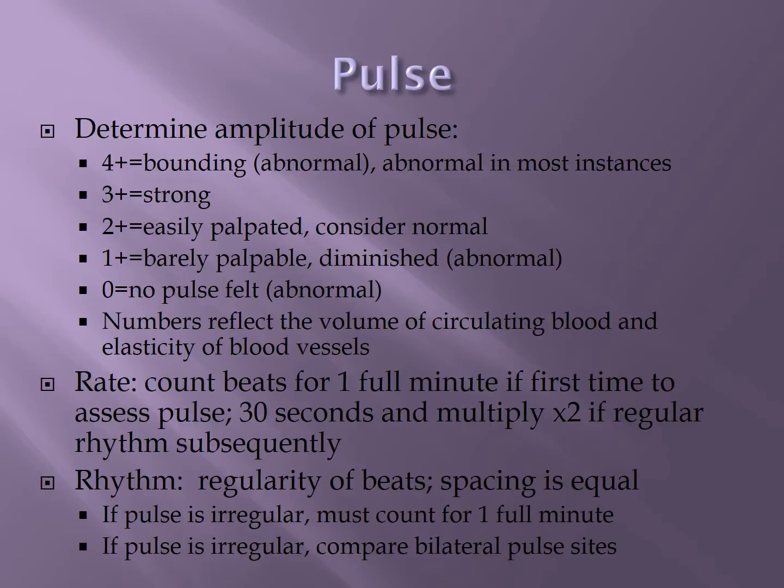And sometimes the SA node is sending way too many impulses to the AV node, and the AV node says, I cannot let all of these electrical impulses down to the Purkinje fibers, because then the ventricles would be contracting too much.